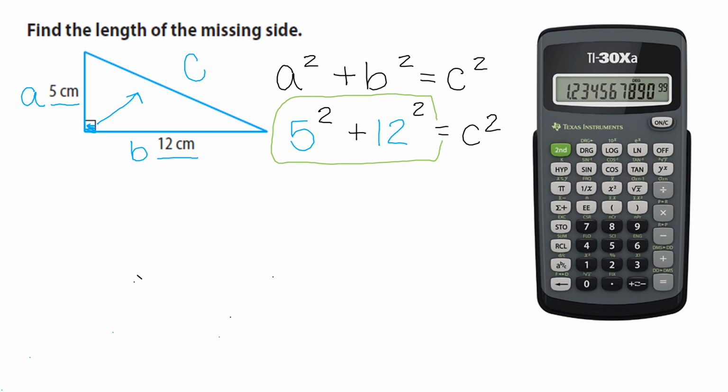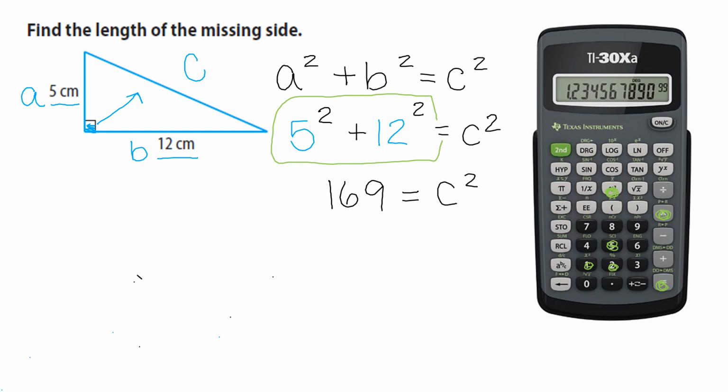So if you type into your calculator 5 x to the second plus 12 x to the second and then hit equals, you should get 169. And that equals C squared.